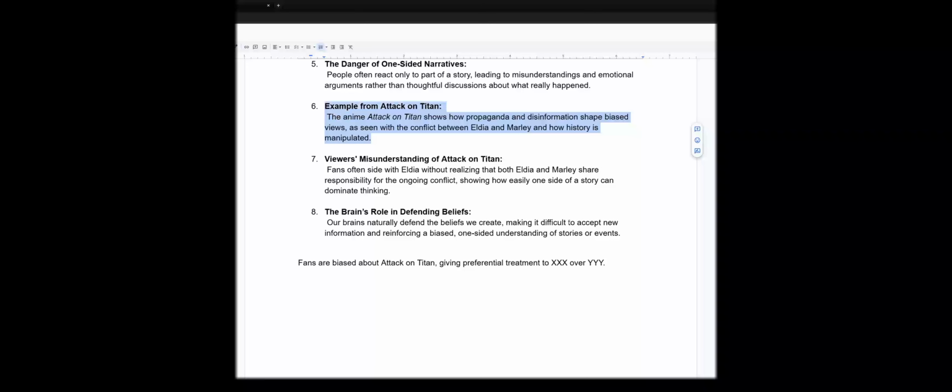And so we might do something like this and say, fans are biased about Attack on Titan, giving preferential treatment to, you know, whichever characters it is, over, right? Okay, and then let's put this in here.